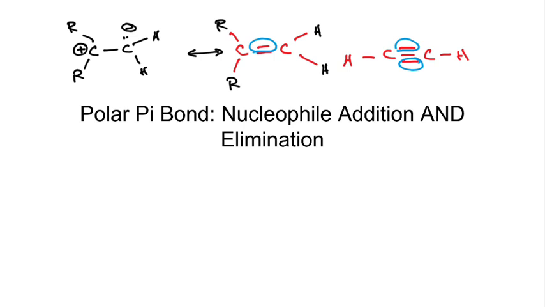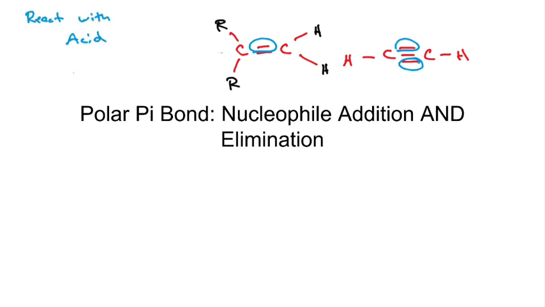react. Right? In those processes, really all we were doing was saying that the two ways that we could make it react, since it's an electron source, is to react it with acids or react it with electrophiles.